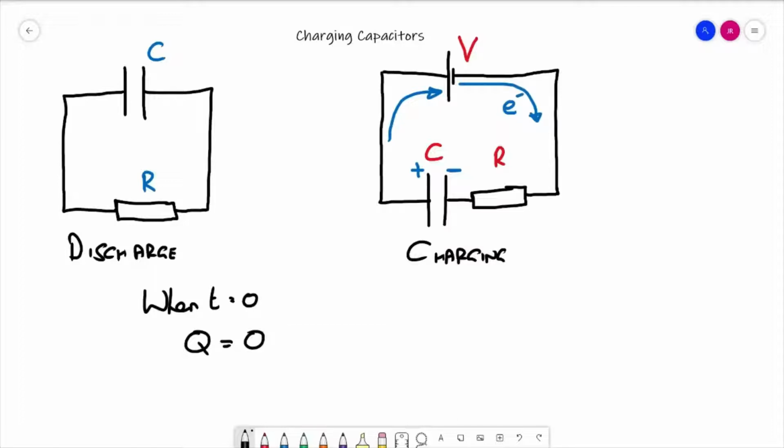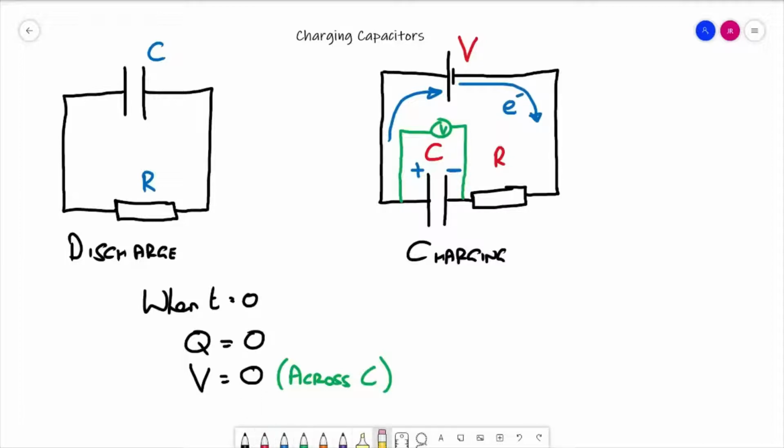Of course, if the charge on the capacitor is 0, then the potential difference across the capacitor will be 0 as well. So let's just make sure we make that distinction. That's across the capacitor. In other words, if we had a voltmeter and we put it there across the capacitor.